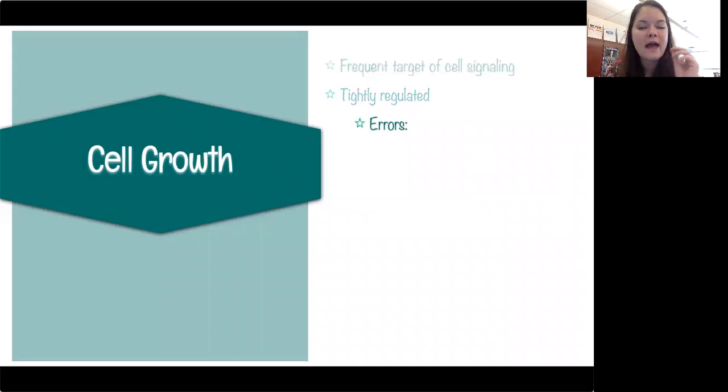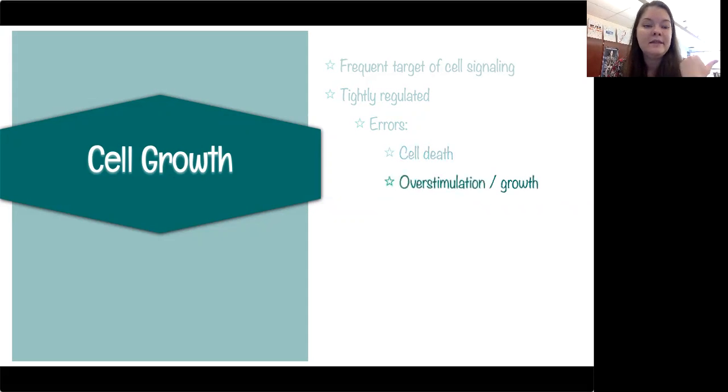So if you have errors in that regulation, it could either mean that you don't have enough cell growth and it can suppress the cell's survival, and that's a dead cell, which sometimes is good, but sometimes not. Or on the flip side, it can upregulate the amount of cell growth that occurs. That overstimulation can lead to tumors.